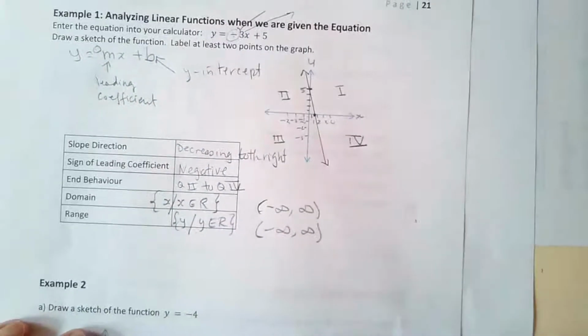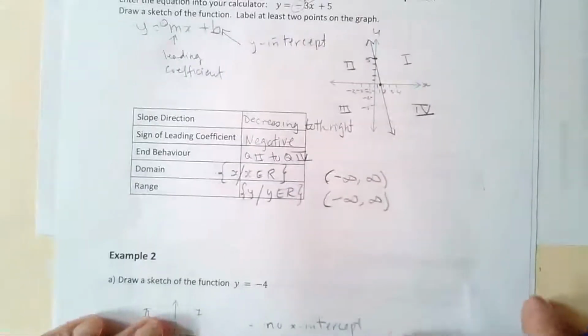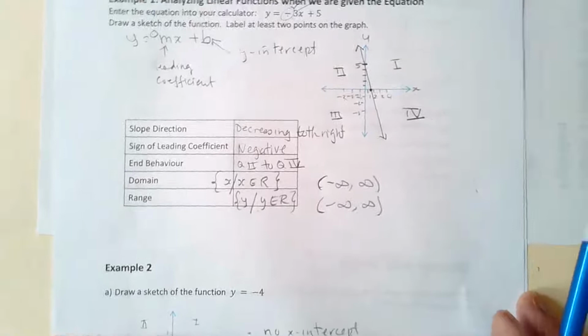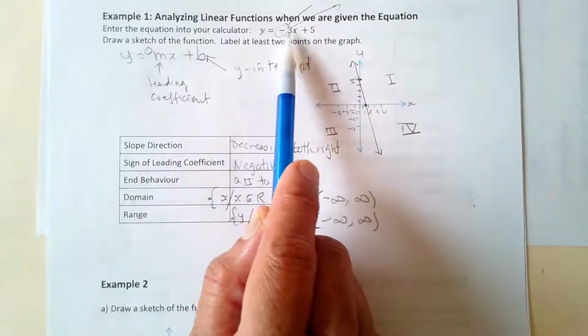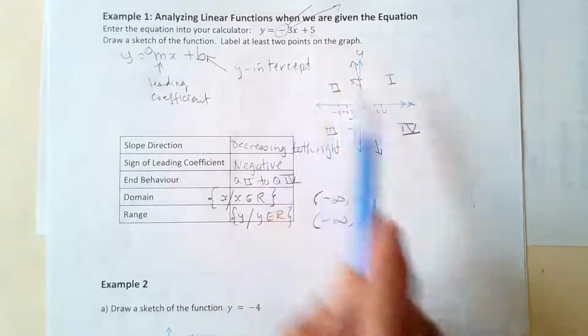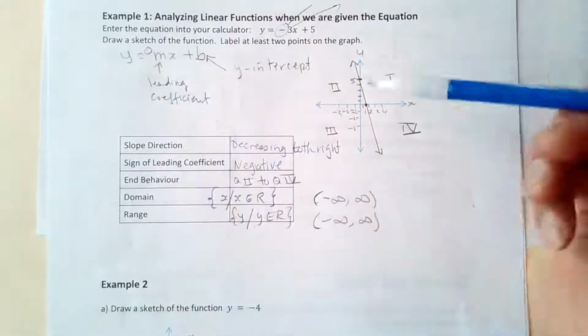So let's look back at one of the examples we did. Here we have y is equal to negative 3x plus 5, and you're asked to sketch this function.